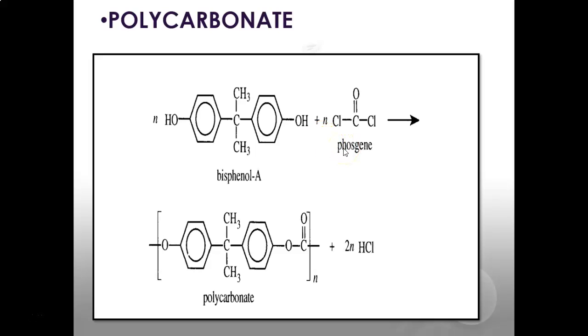And the chemical structure of phosgene contains Cl, Cl, and CO. And the structure for polycarbonate, H here and O. Copy the structure here, O, and remove the H here, must be outside. HCl. Okay, so it will take this HCl here. Okay, and C double bond O, O and Cl.